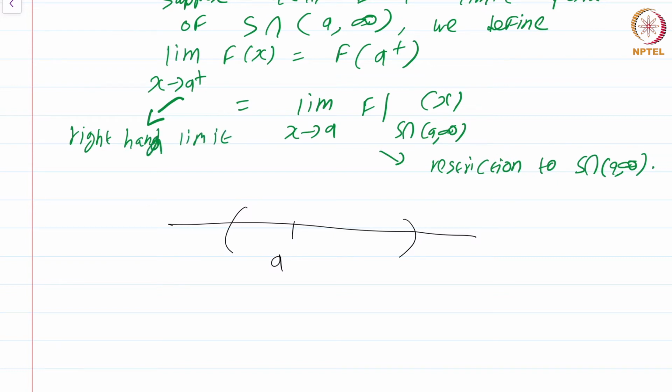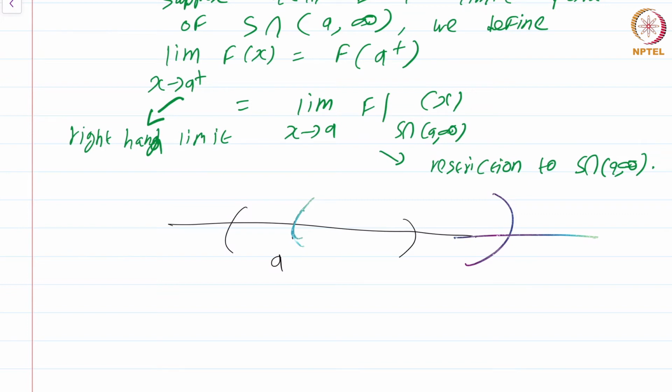To define the right hand limit at the point A, what you do is you focus on this portion of the set, restrict f to this portion, then you take the usual limit that you are familiar with.